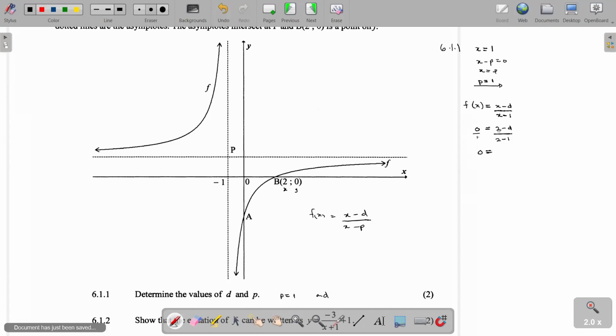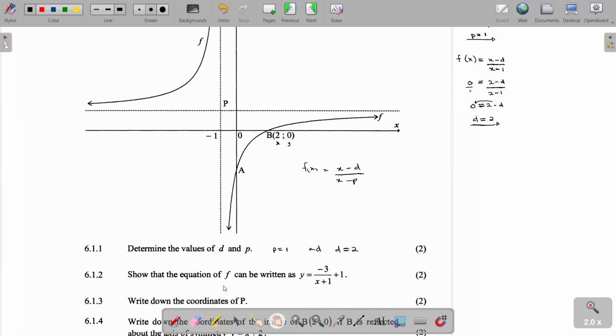When you transpose the d, it means d is equal to 2. This becomes the values of our d and our p. Then we go to the next question.